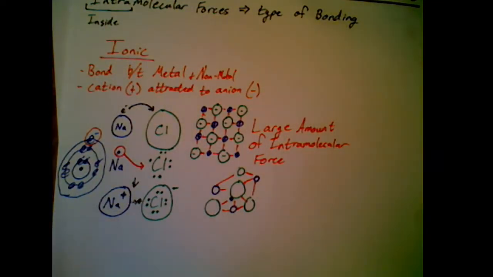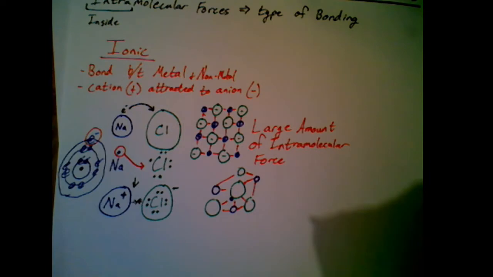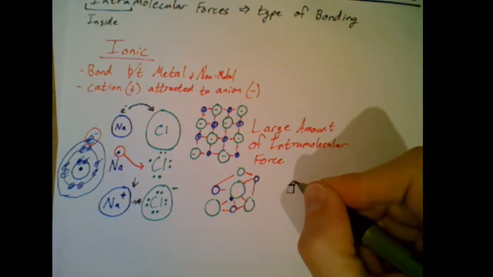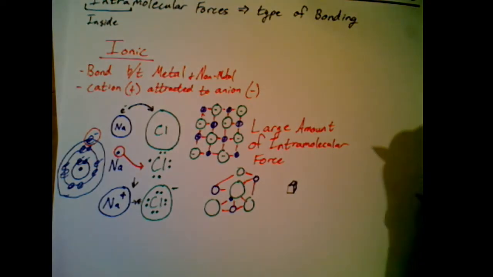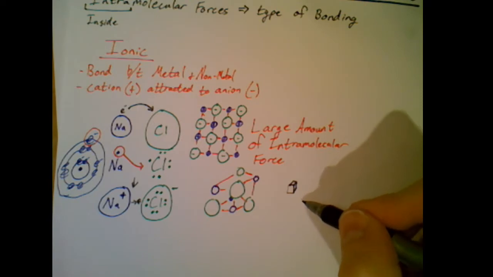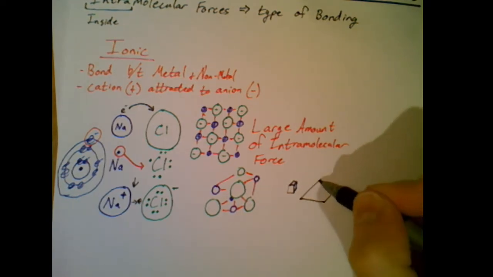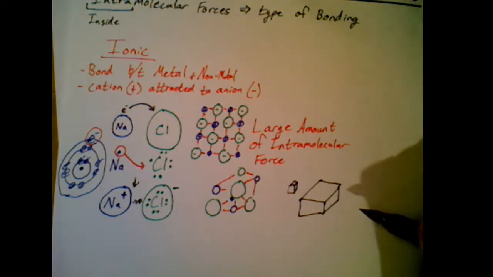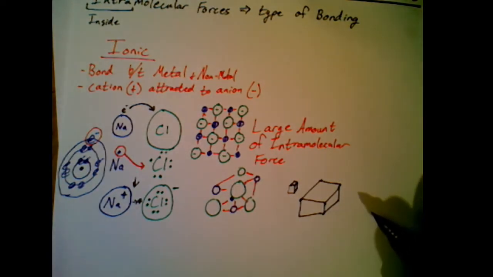If you were to zoom in and look at actual salt under the microscope, which you probably don't have at home, you would see that salt grains are actually tiny little cubes. If you let salt grow and crystallize, it forms big cubes. This is where you get things like finishing salt, if you're into cooking.